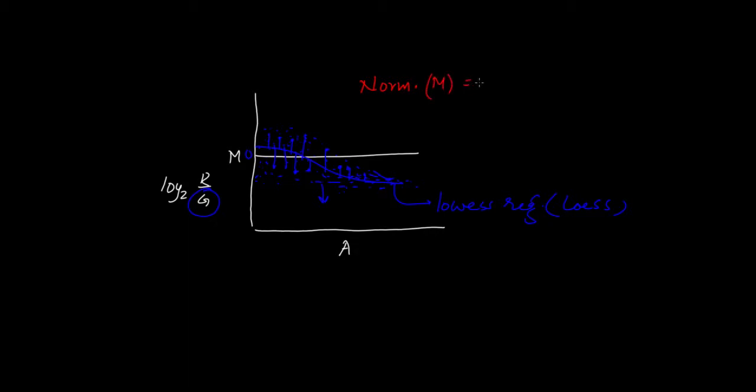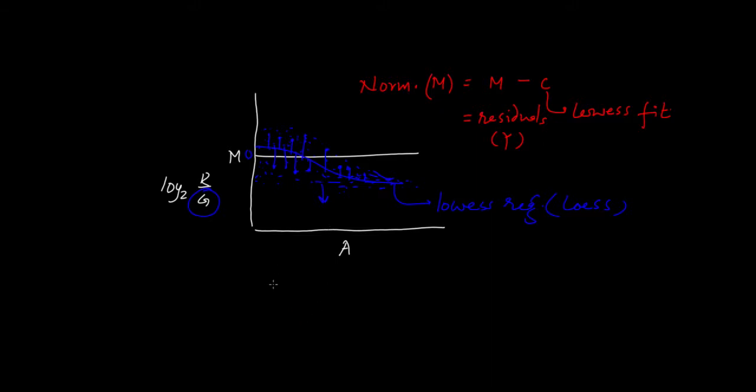Normalized m would be my original m minus the fit of this line, which is, let's say, C, okay. So the C is the Loess fit, the y coordinates, Loess fit, okay. So you subtract this, you get the residuals. This is nothing but your y axis residuals, and that's one simple normalization.